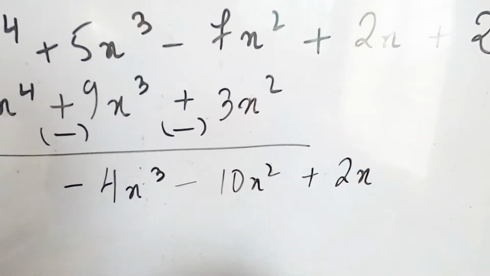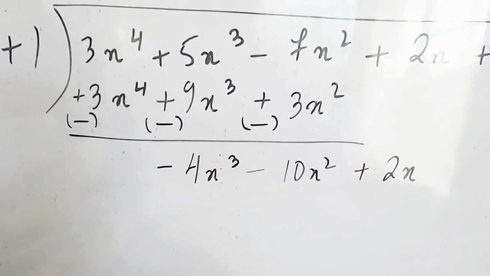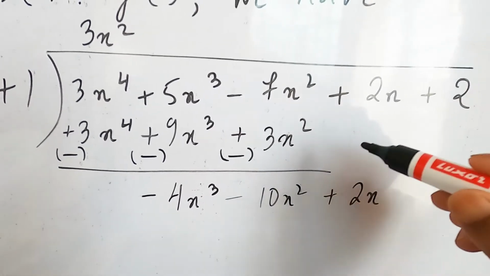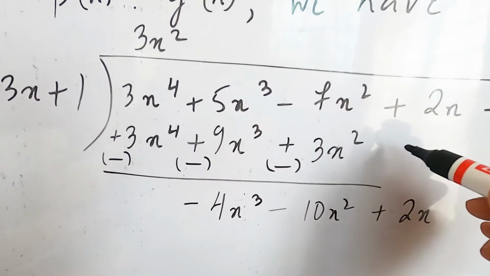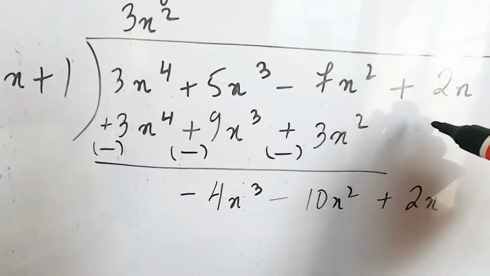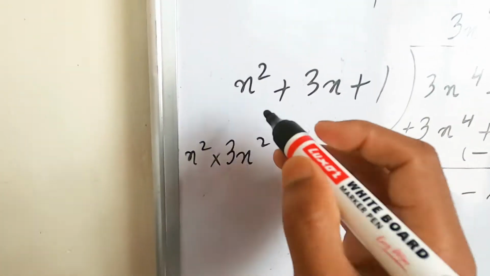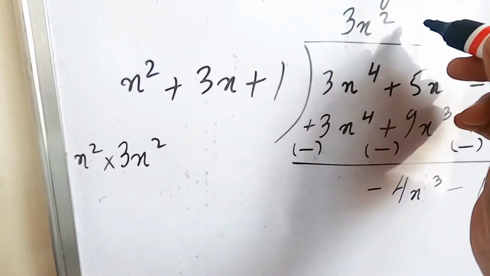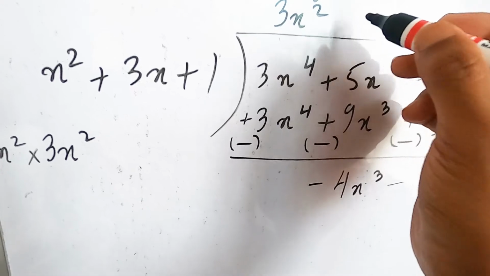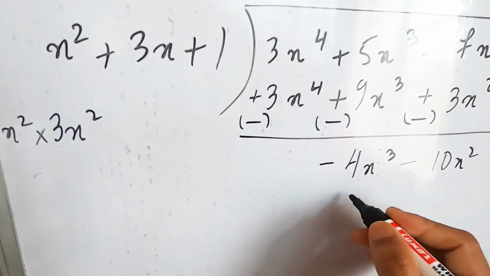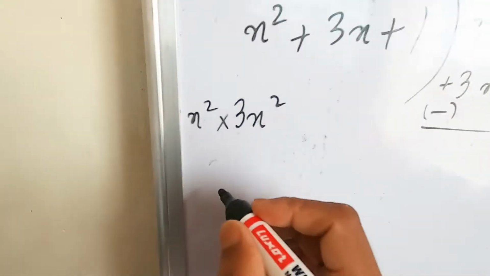All right, so now next we will repeat the same step as in step number 1. So now next, x square into which number when we multiply we will get 4x to the power cube.